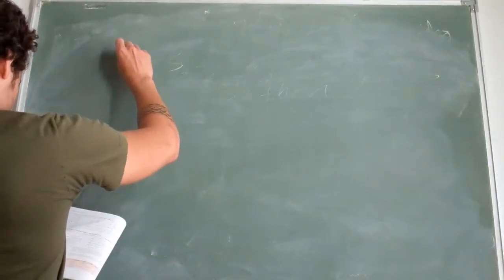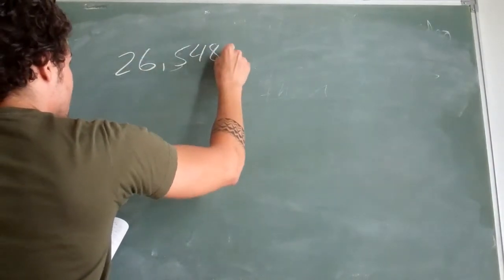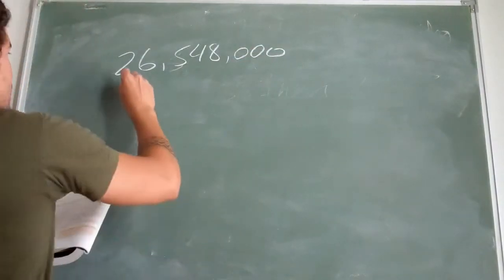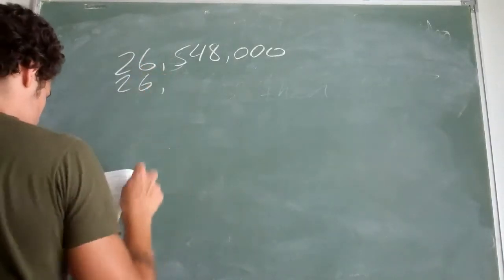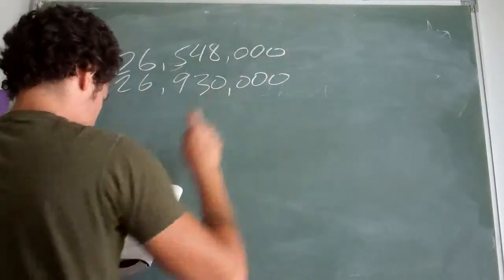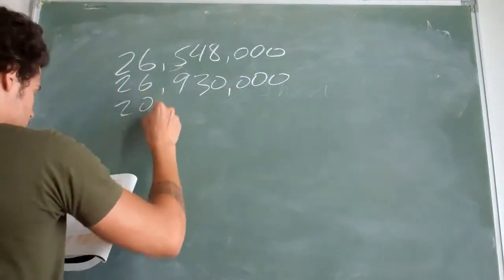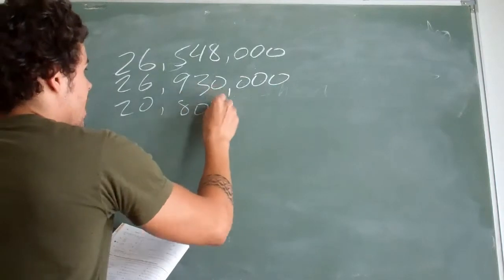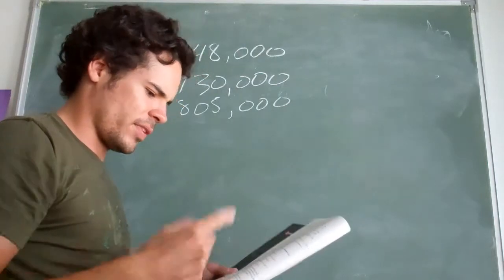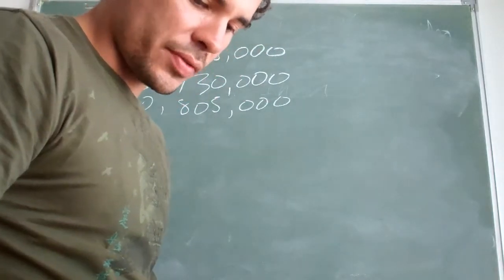Okay, so I've got this number, 26,548,000 viewers. 26,930,000 for Grey's Anatomy, and 20,805,000 for House. Interesting. So they want to know, find the sum of the viewers for these shows.